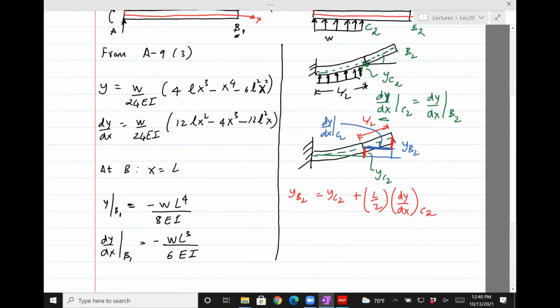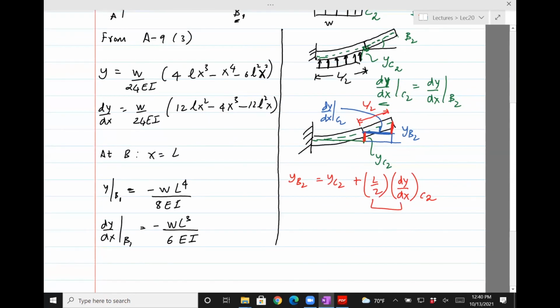So this is basically trigonometry. When you're given L divided by 2, you're given this side, and you're given this theta, then this distance is L by 2 sine theta.